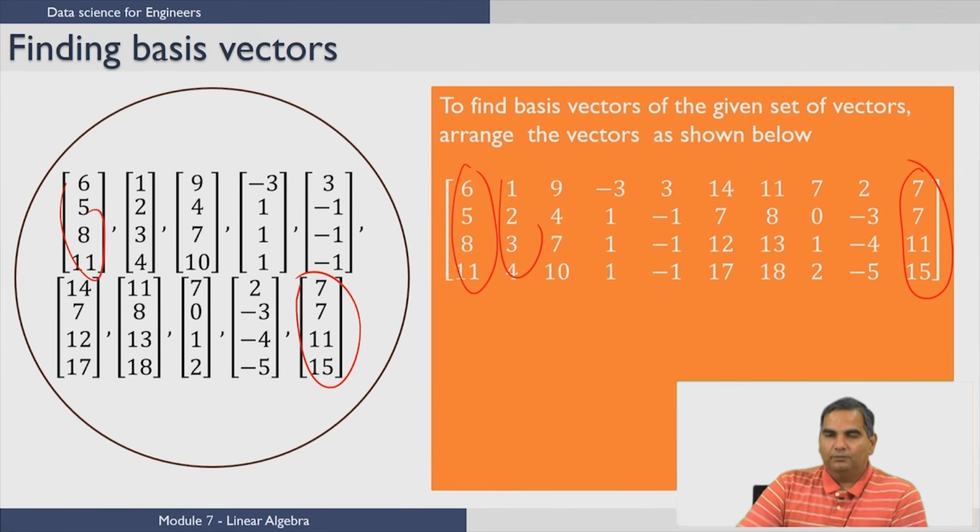So, what that basically means is if I get a certain rank for this matrix, then it tells me there are only so many linearly independent columns, and every other column can be written as a linear combination of those independent columns.